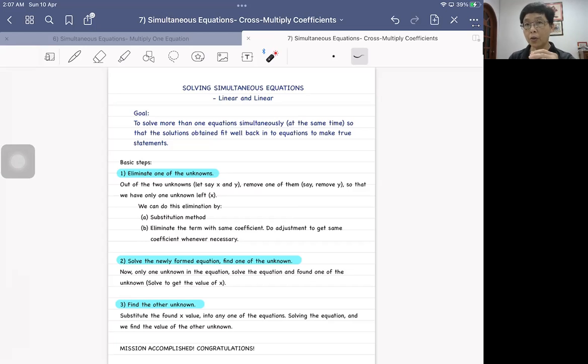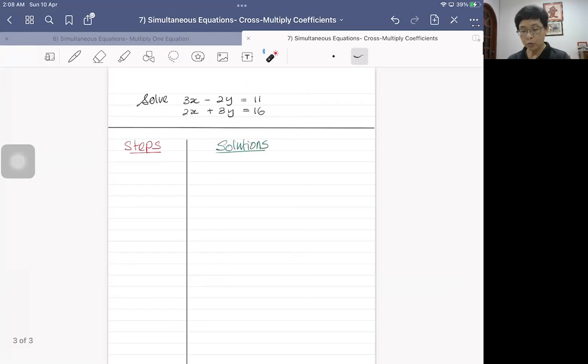And you will launch the third and final step where you use that newfound value and substitute it into the equation, and you will successfully get the value for the second unknown. Well, it sounds very tedious. Well, let's go and take you through these questions.